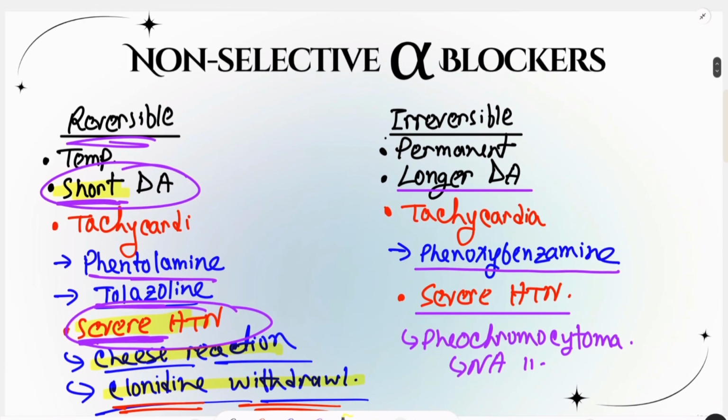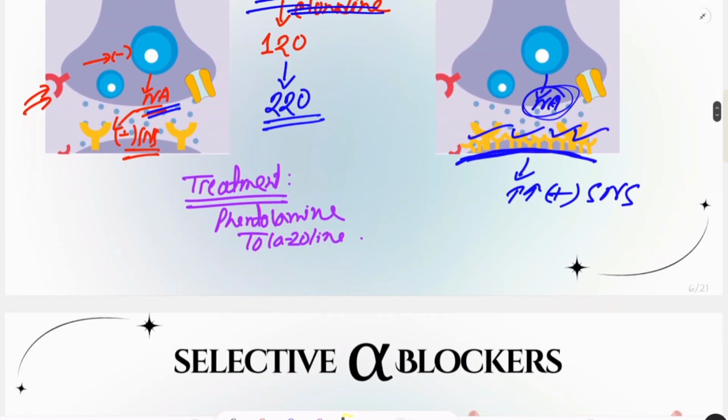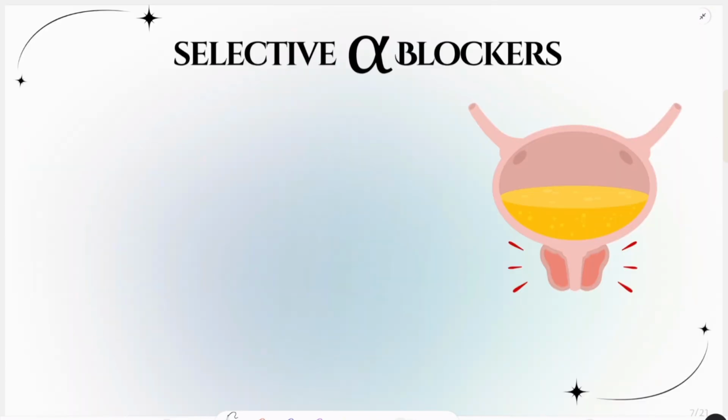Now after finishing the non-selective alpha blockers, we will move to selective alpha blockers. Selective alpha blockers mainly act on alpha 1 receptor. Previously, we had said that we have only one selective alpha 2 blocker, and that was yohimbine, which has no clinical use. So we will not discuss selective alpha 2 blockers.